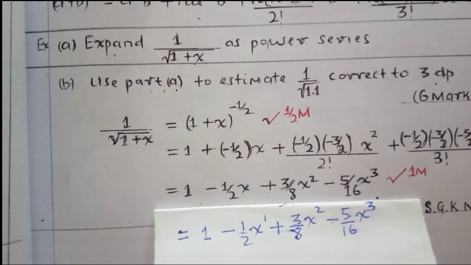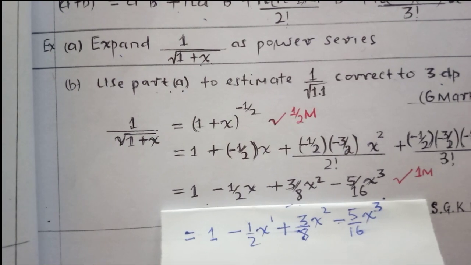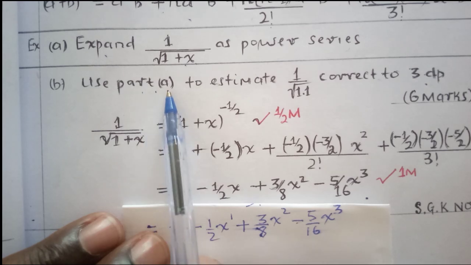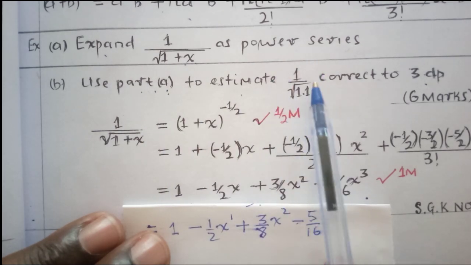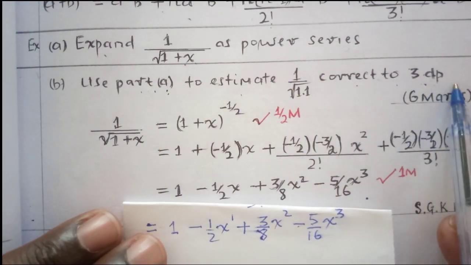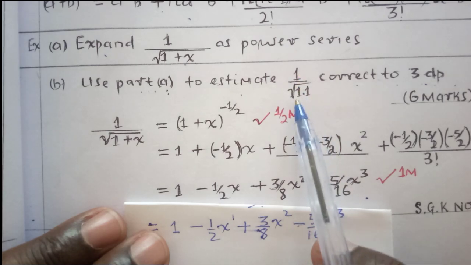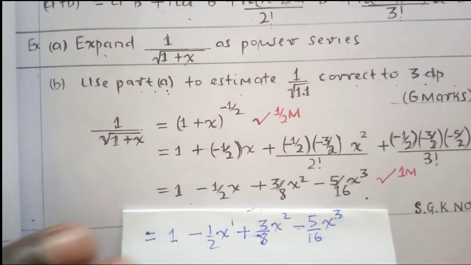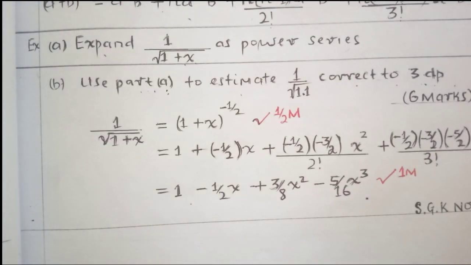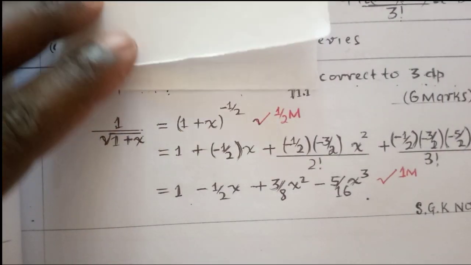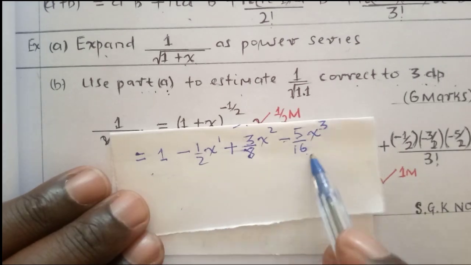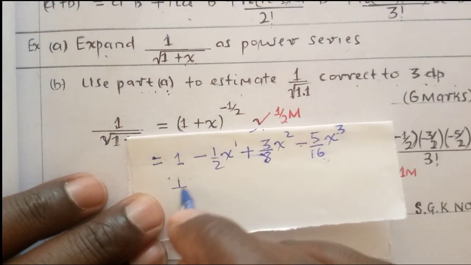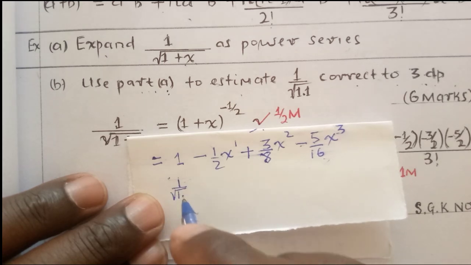And then we still have another question, which says, use part A to estimate 1 over square root of 1.1, correct to 3 decimal places. So this is how we have expanded our value, and now we want 1 over square root of 1.1.